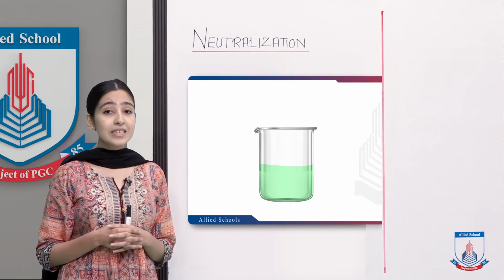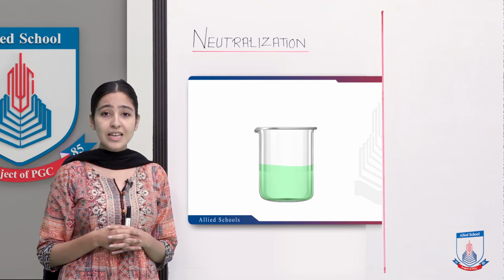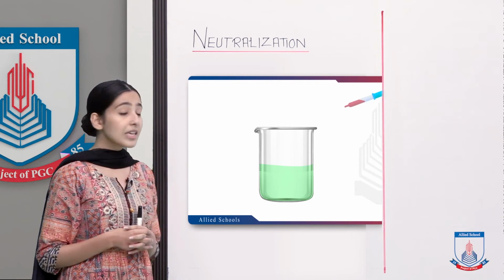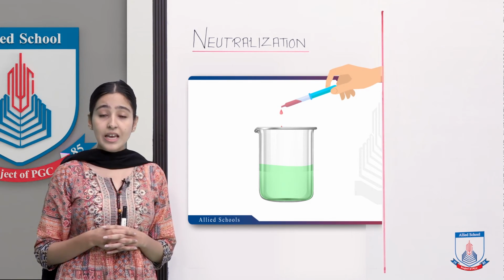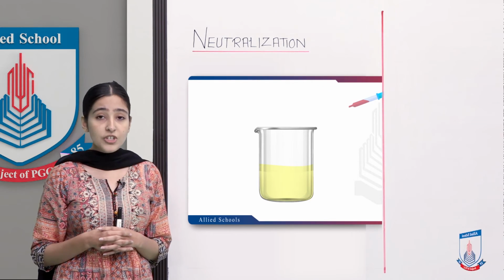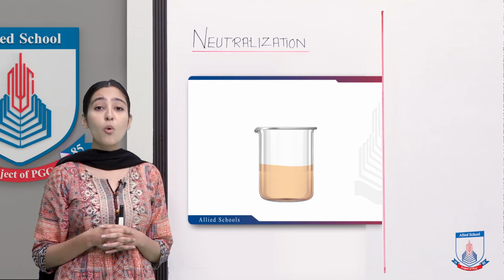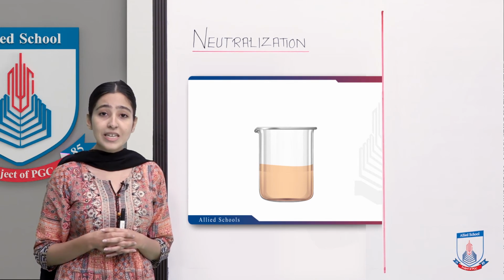And what does that indicate? Exactly, that indicates that the solution is neutral. Now, if we keep on adding drops of acid, the solution will start turning yellow or orange. That means that it is turning into an acidic solution because the quantity of acid is increasing slightly.